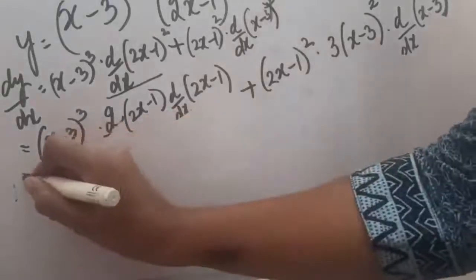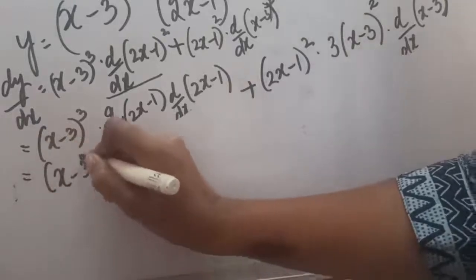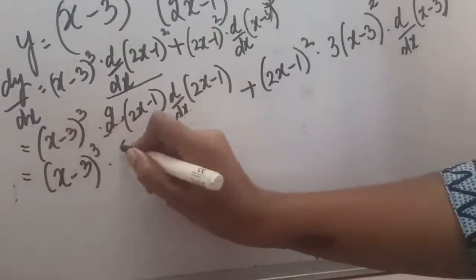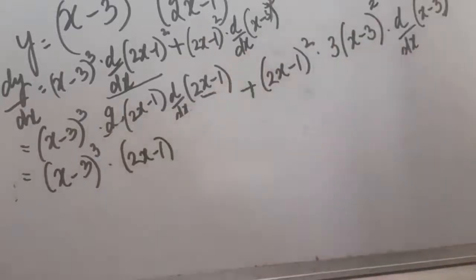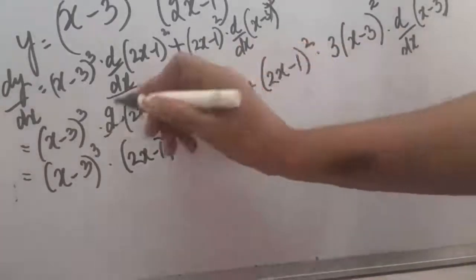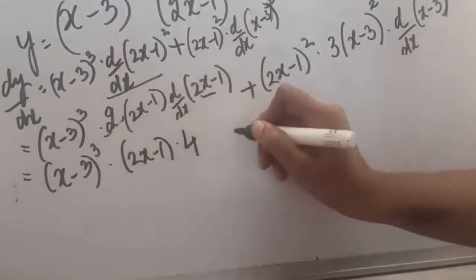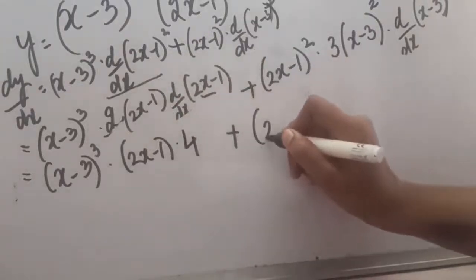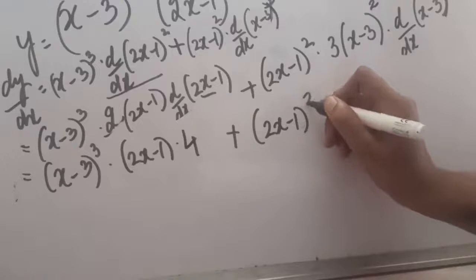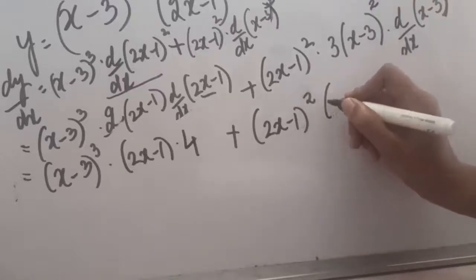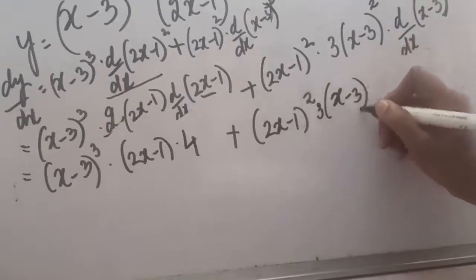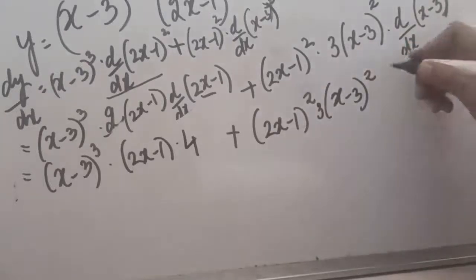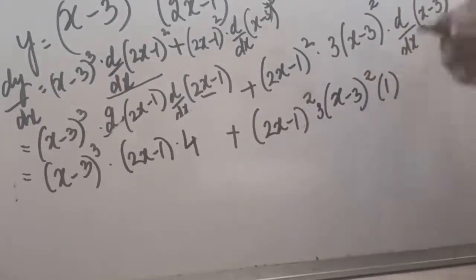So solving this further, it will be (x−3)³ as it is. This is 2x−1, and its derivative is 2. This is also 2. So here 4, plus on this side also (2x−1)² and 3(x−3)², and its derivative will be 1. So we can write 1 or we can just leave it.